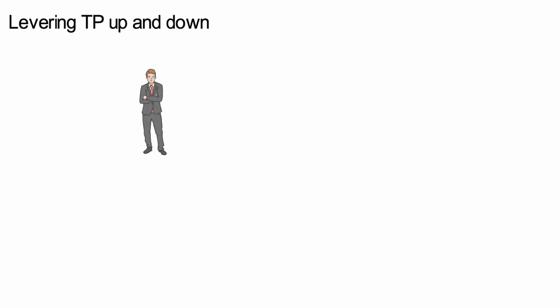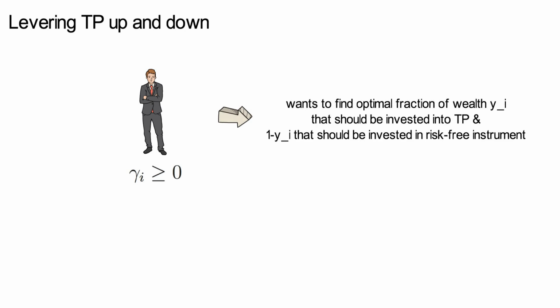So investor I has mean variance preferences with a risk aversion gamma I, which is 0 or larger than 0. The mean variance investor seeks to find the optimal fraction of wealth, yi, that should be invested into the tangency portfolio, and the share 1 minus yi that should be invested into the risk-free instrument.